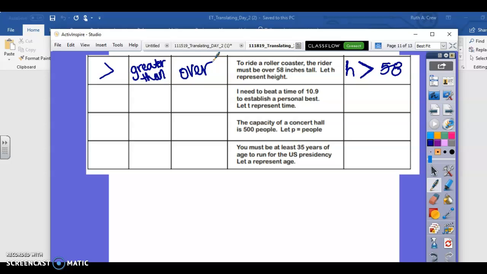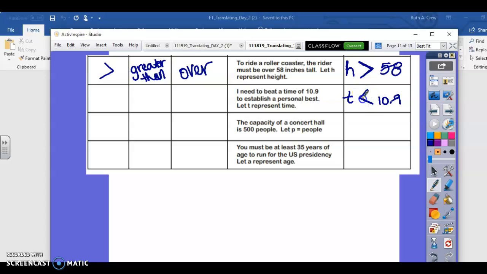I need to beat a time of 10.9 to establish a personal best. So this one's kind of tricky. So in order to beat a time, so our time is 10.9, and here I'm going to put T. If you're talking about racing, if you're going to beat that, that really means you want to run a time that is lower than that.